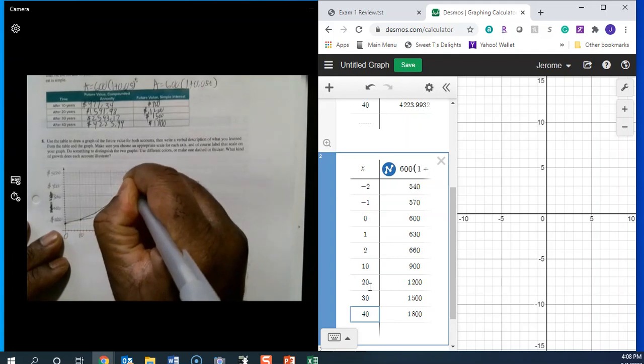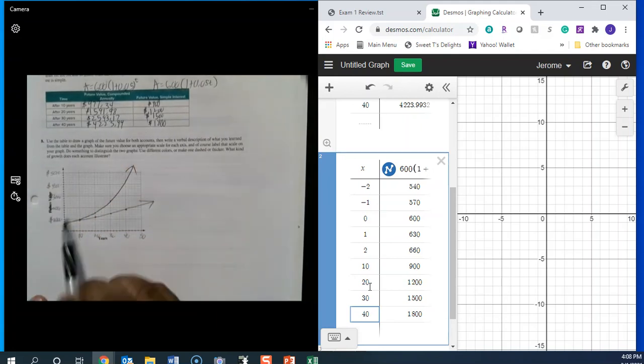So we connect these points. It looks more like an exponential regression or exponential growth.